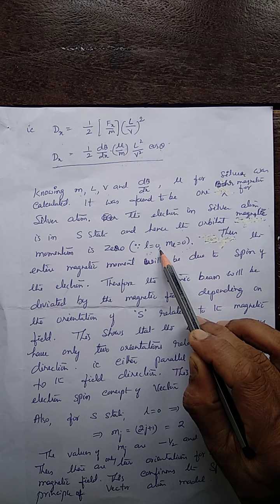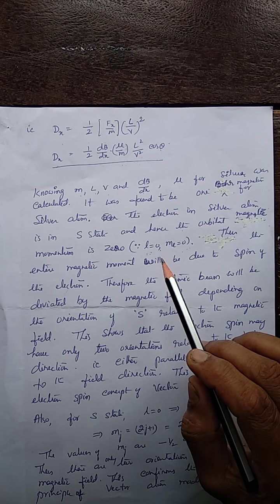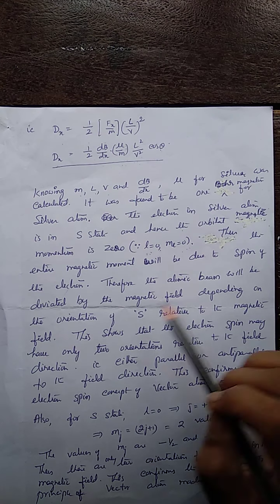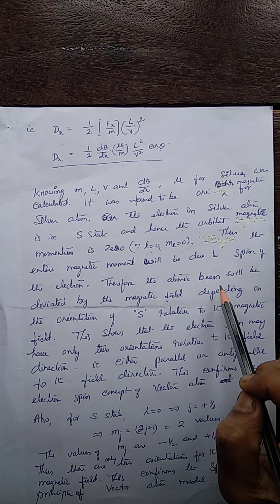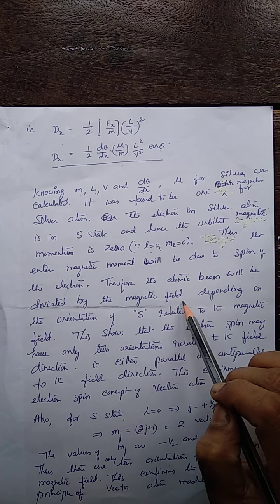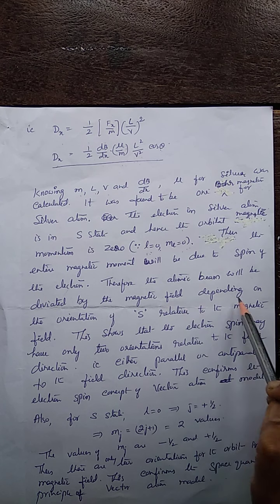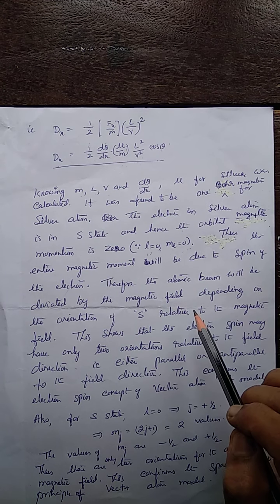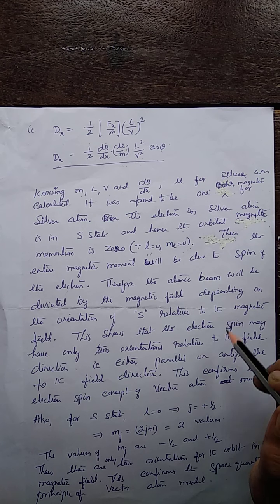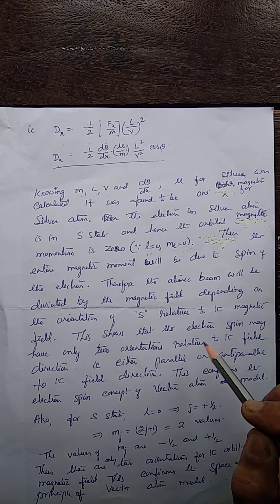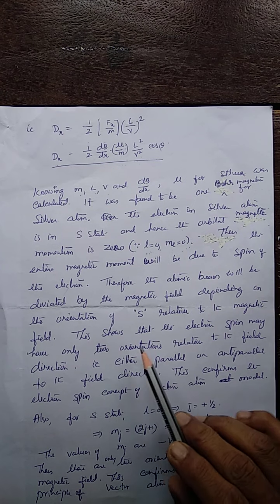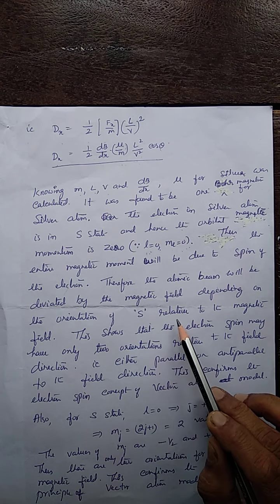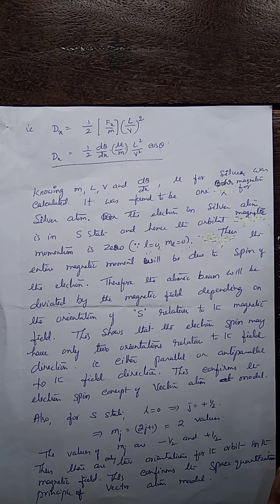Now, it is observed that the atomic beam was deviated in the magnetic field. Then, this deviation was explained due to the orientations of S related to the magnetic field.